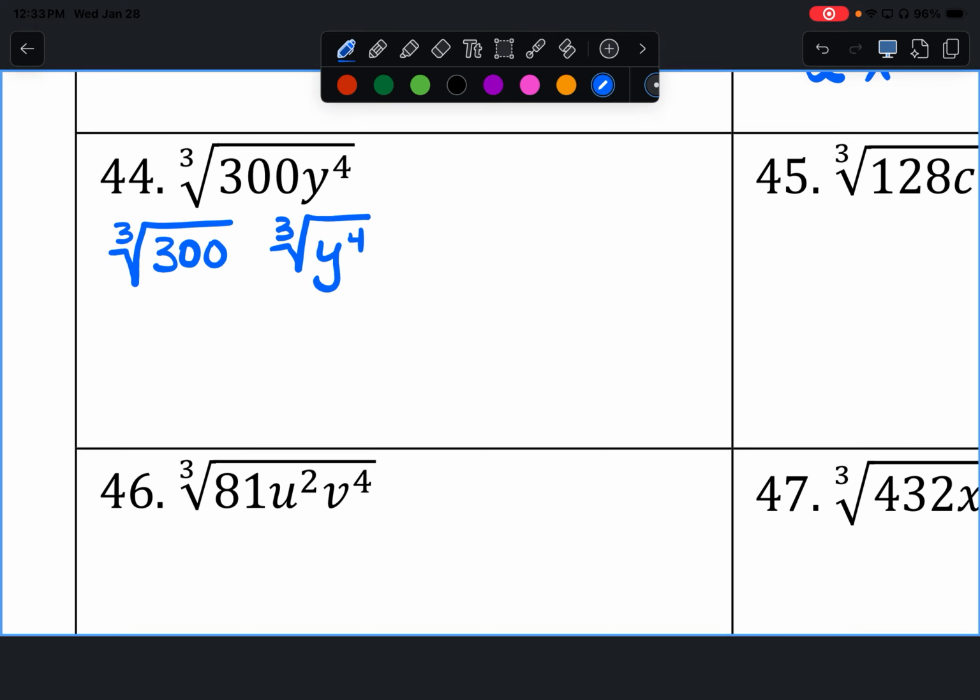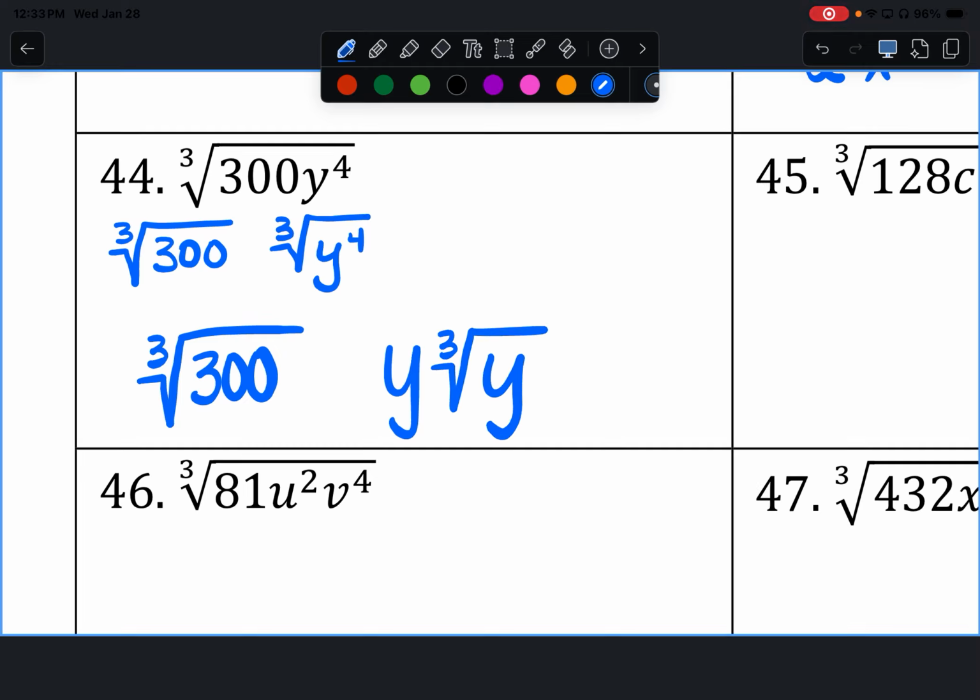So if that ever happens, you just leave it as the cube root of 300. All right, now, for the next part though, can 3 go into 4? Yes. Yep. And how many left over? Okay, so to write my final answer, I should write what? There we go.